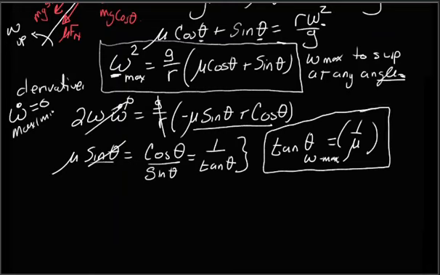Out of curiosity, we can solve this for ours. Theta at omega max is tan to the minus 1 of 1 over 0.8, and we'll get 51 degrees from that.